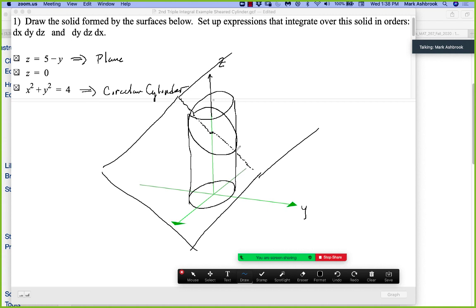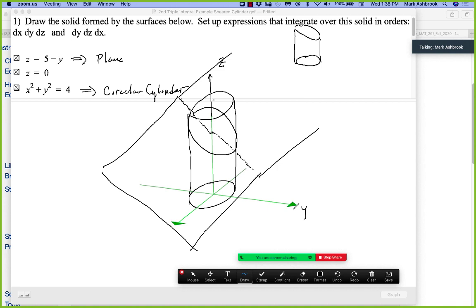So maybe a better drawing for this will be this. So here's what we got. The bottom is z equals 0. The top is this plane. And then the lateral sides are defined by the circular cylinder x squared plus y squared equals 4. Does that make sense?